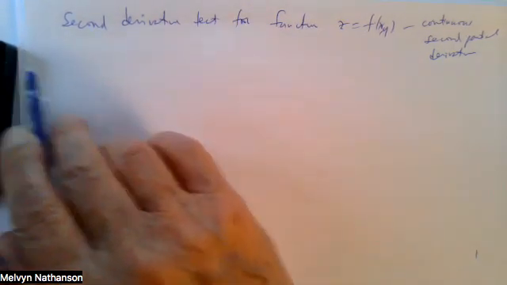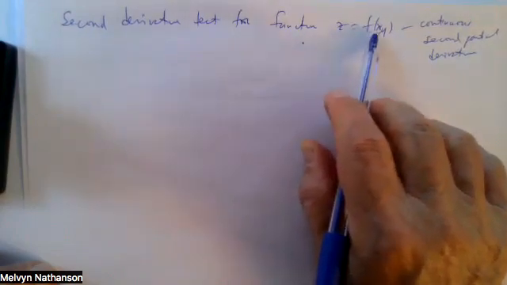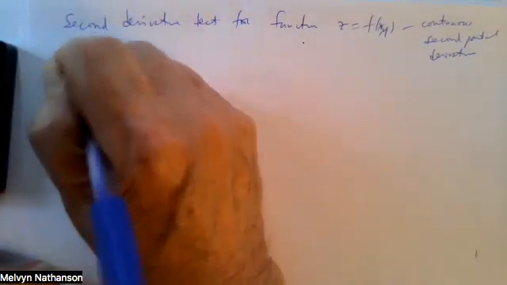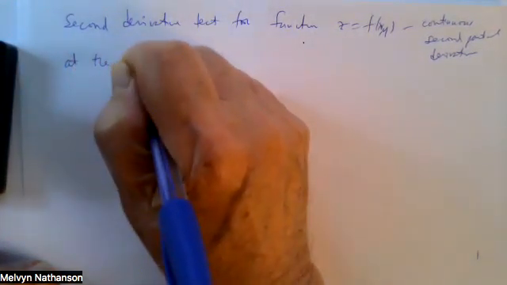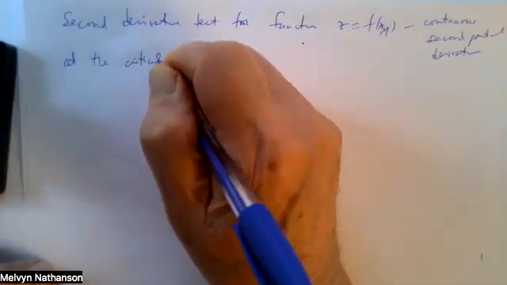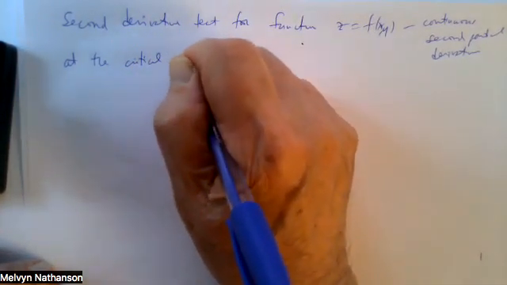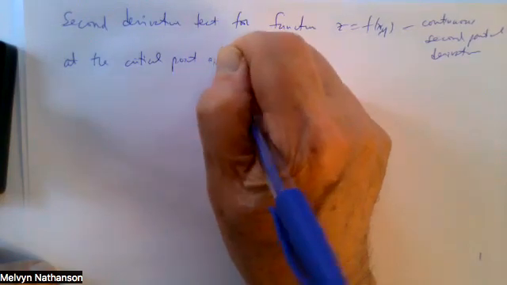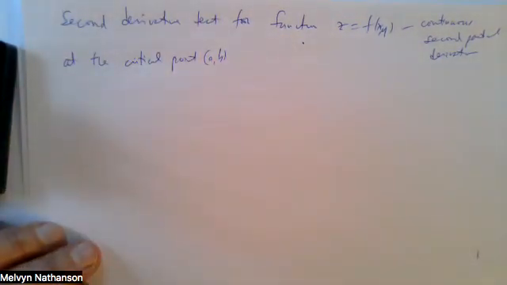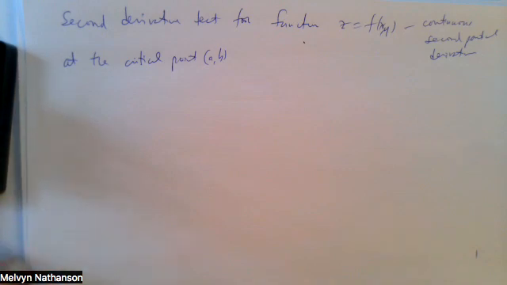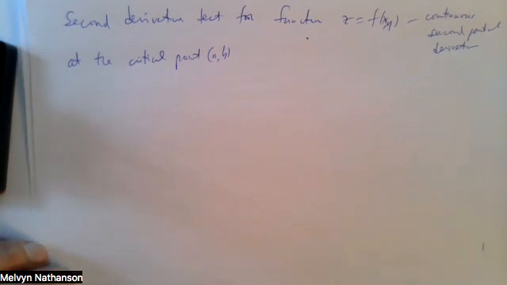So the second derivative test for a function z equal f of x, y at the critical point (a, b). So the question is, what kind of second derivative do you look at? Now, for a function of one variable, there's only one derivative and one second derivative.